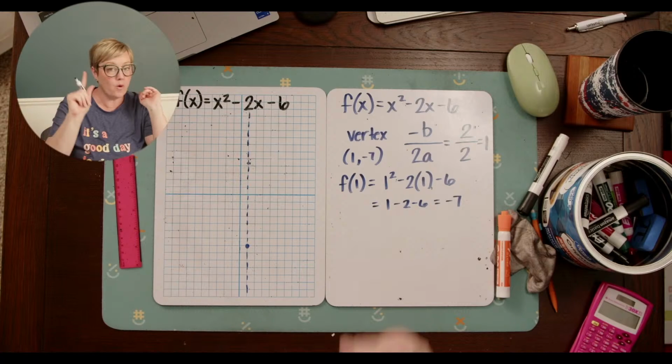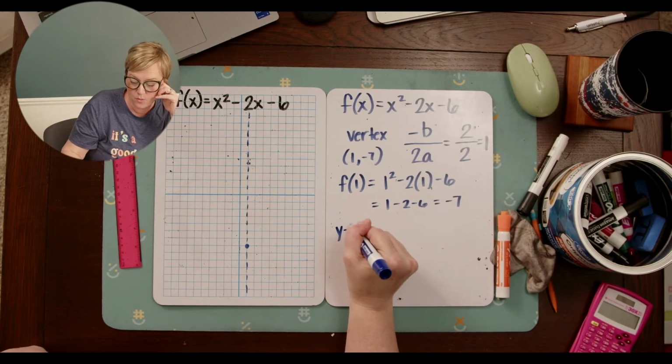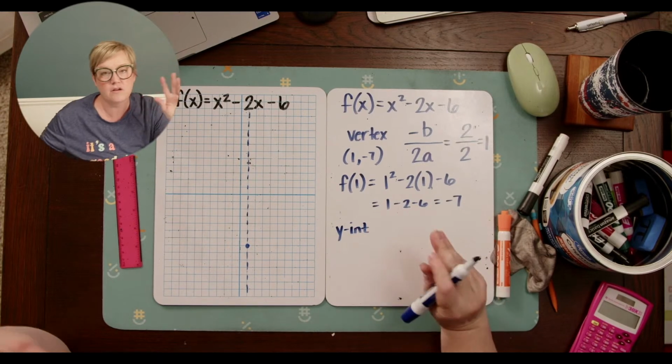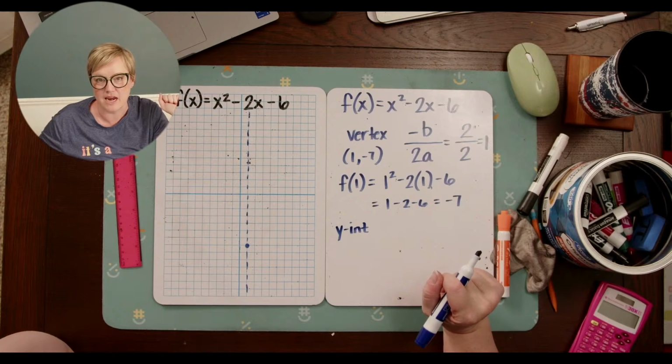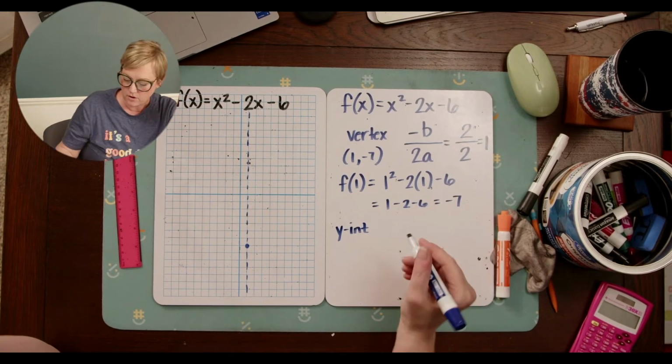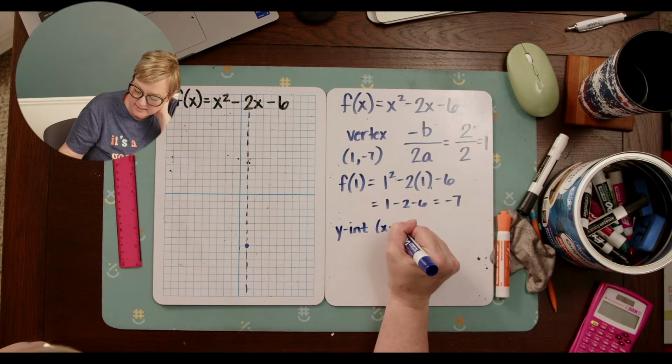Now one of those points that you want to find is the y-intercept. From the first time you graph a line, you know what the y-intercept is, right? It's where x equals 0.